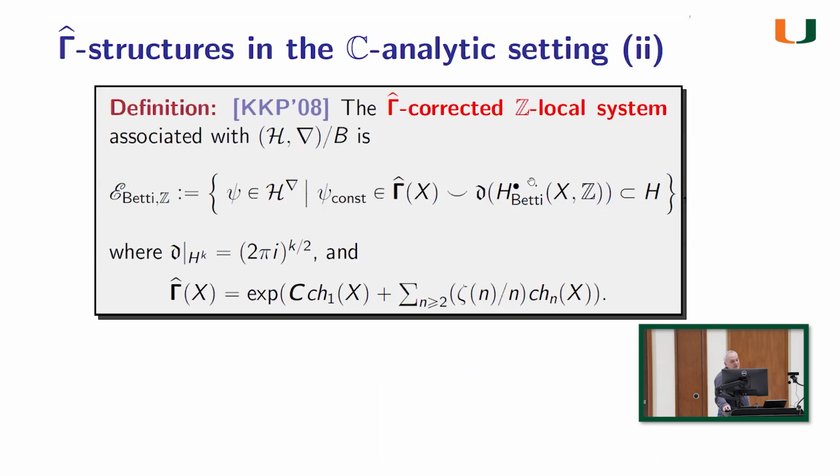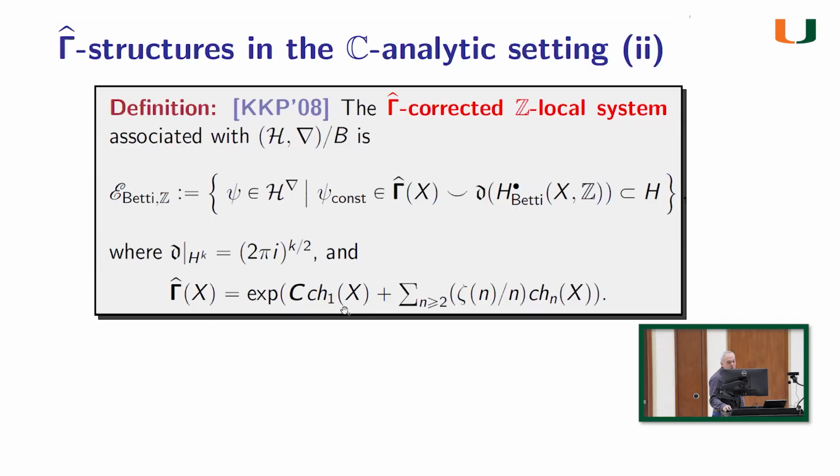And that lattice is essentially the Z lattice in the cohomology of X. It's moved by two linear operators. One is just a multiplication by 2 pi i to some power on each cohomology degree. And the other is a multiplication by a characteristic class, which is this gamma class, which is written right here.